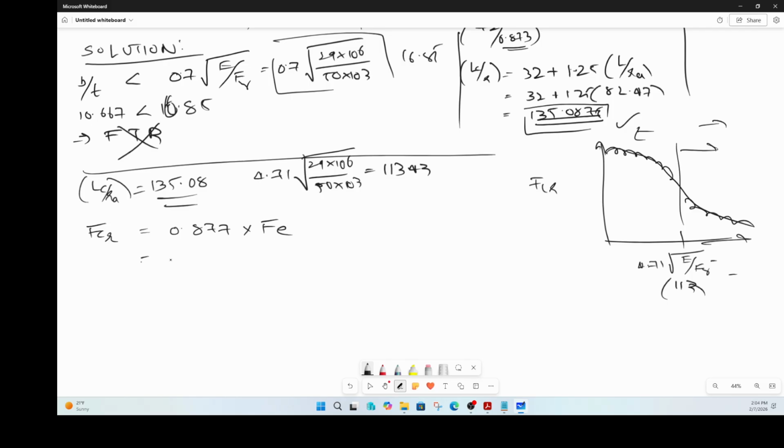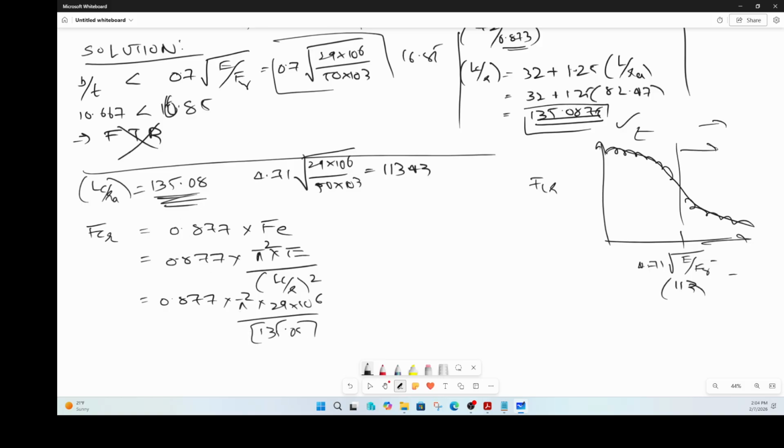So 0.877 times pi square E by LC by R whole square, right? So 0.877 times pi square, E is 29 times 10 power 6, LC by R, this value here, 135.08 square. So that is roughly 13.75 KSI.